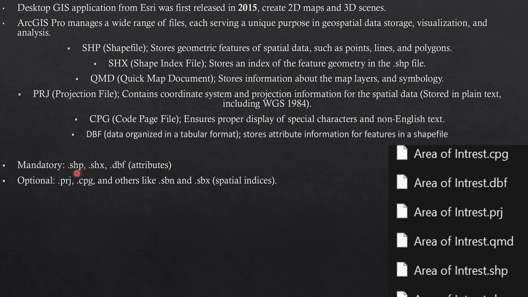The mandatory ones are the SHP shapefile, the shape index file, and the DBF, data organized in tabular form, which is the attribute information. The others are optional, but whenever you save the file, you must have this kind of stuff in your file manager. So whenever you give some data, you will give all of this data, because each file stores different data.